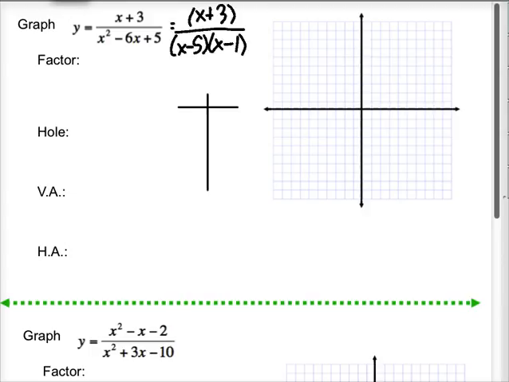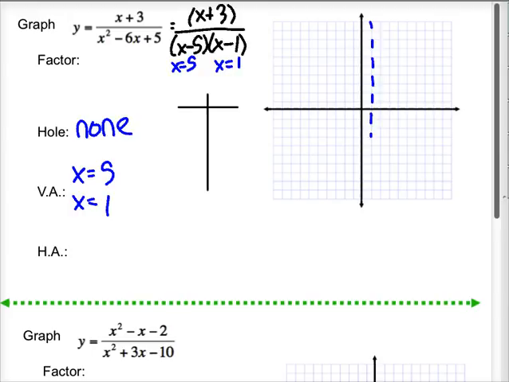So here we have 2 points of discontinuity, one at 5 and one at 1. And again, notice, nothing canceled out here, okay? So because nothing canceled, what that means is both of them are going to be vertical asymptotes. We're not going to have any holes in this situation. So let me just plot these.